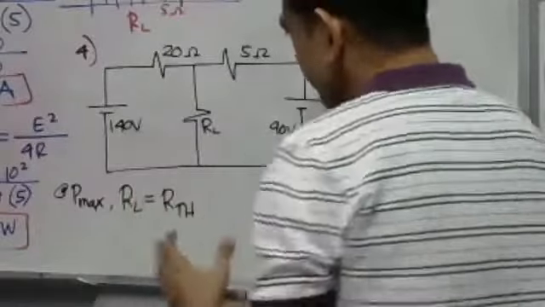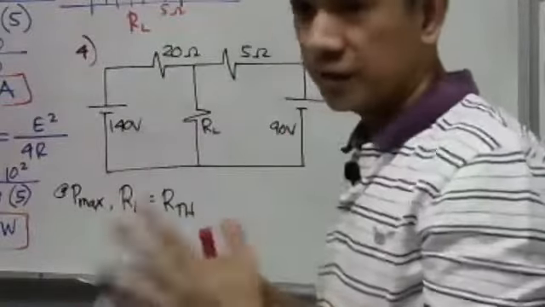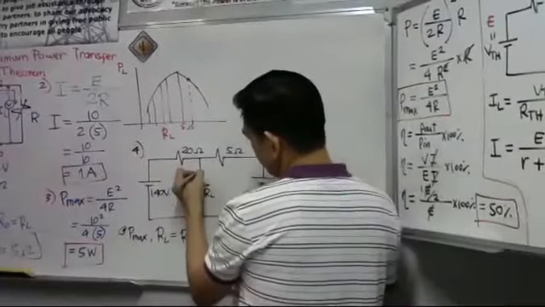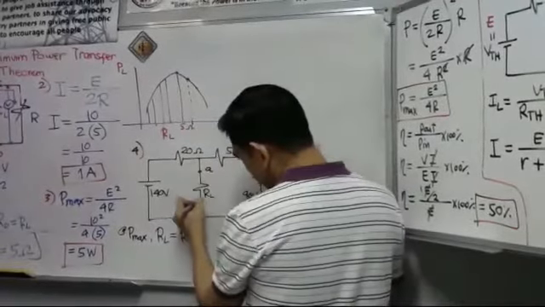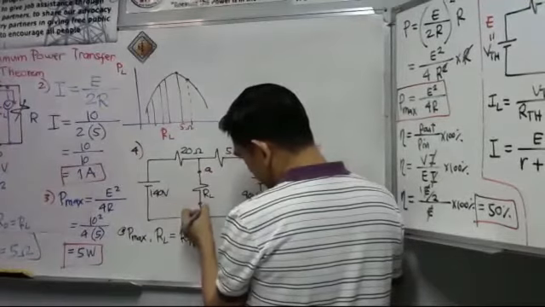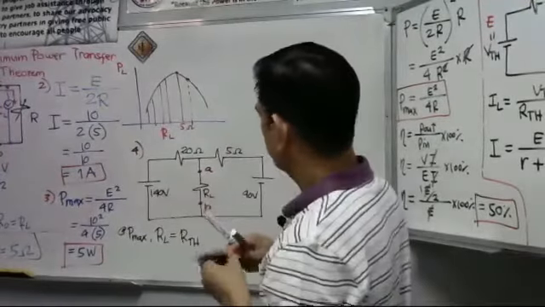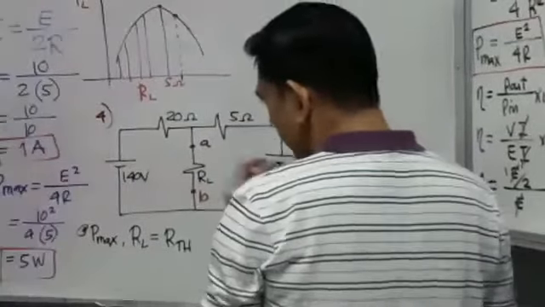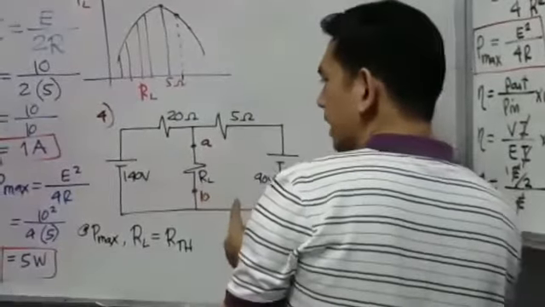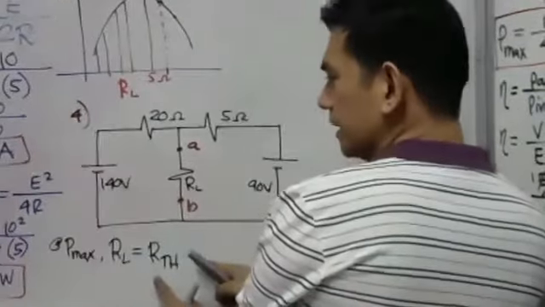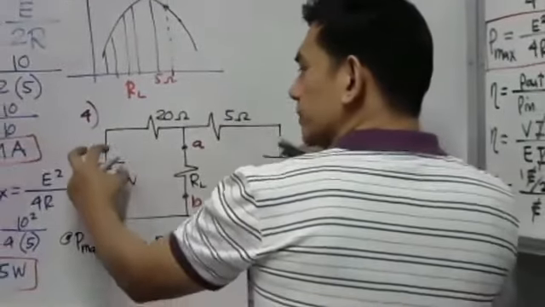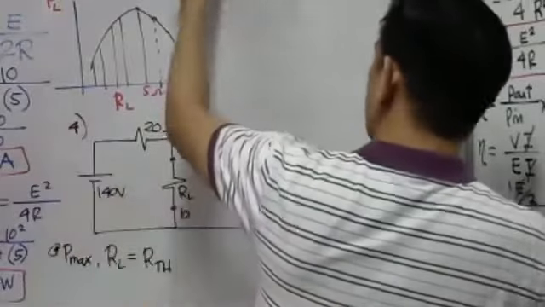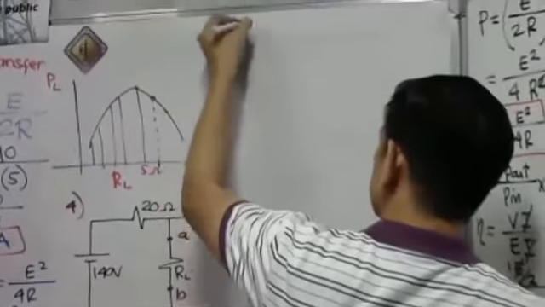So let us get our RTH. Let us consider we have our two terminals here, terminals A and B. Let us remove our RL here. As we remove our RL, to get our RTH we have to remove the two voltage sources here and short the two terminals. This will be our equivalent circuit.